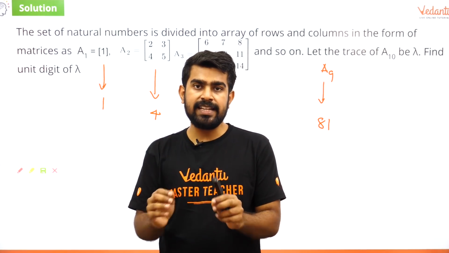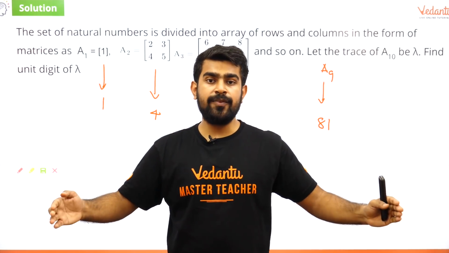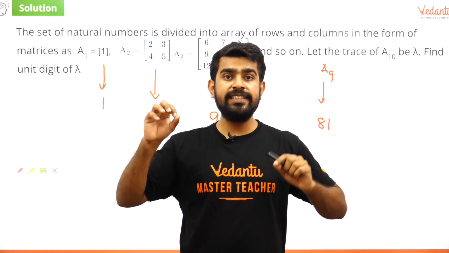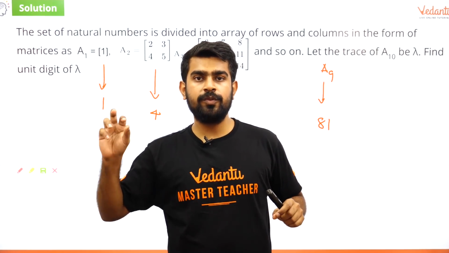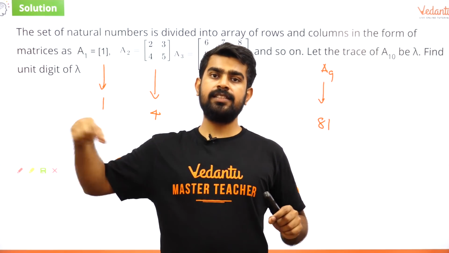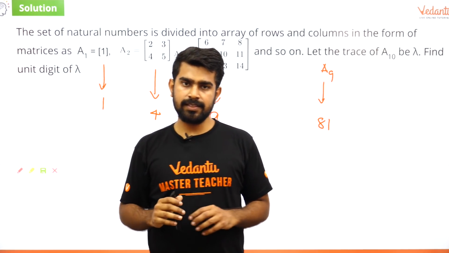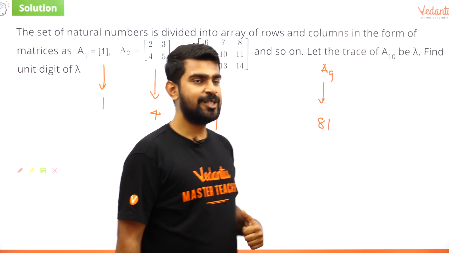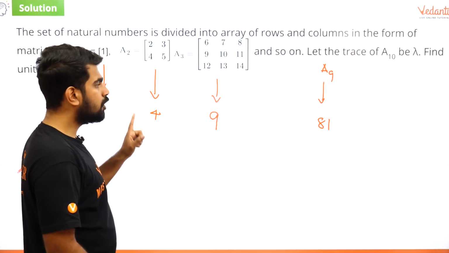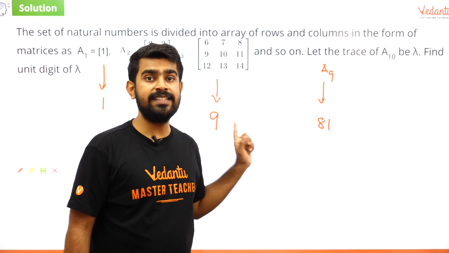The same logic I am extending to A9. Up to A9, if I count the number of terms, that will give me the ending number of A9. With that number, I can predict the starting element in A10. Is that fine? Perfect. We are ready to solve this question. So how do I calculate the sum of all the numbers?